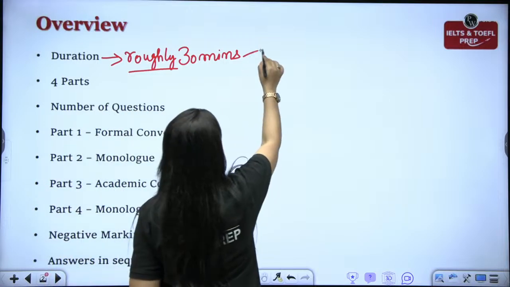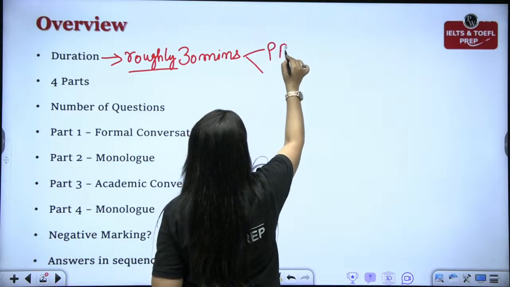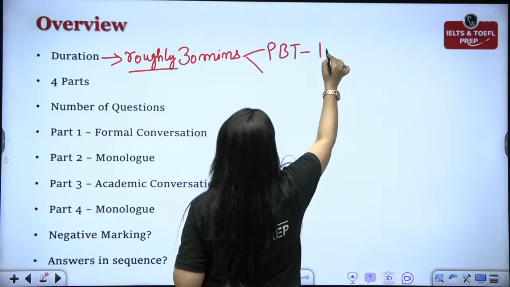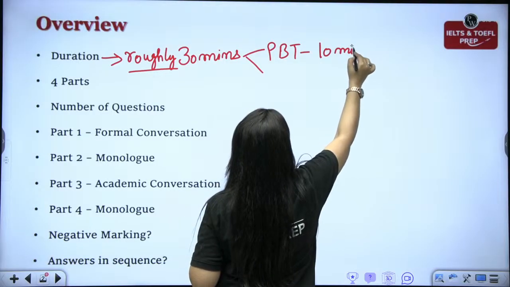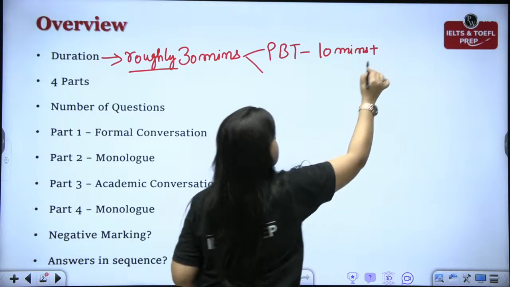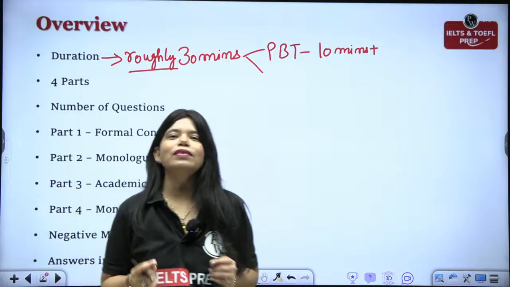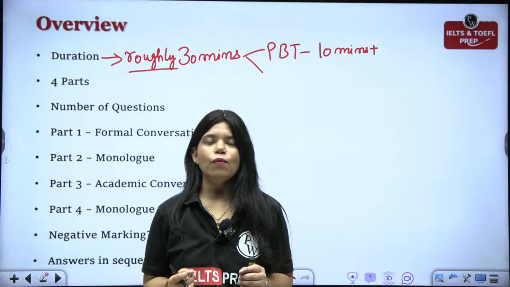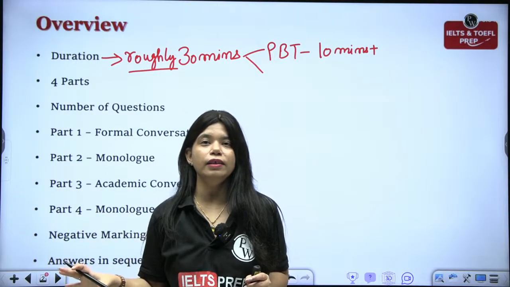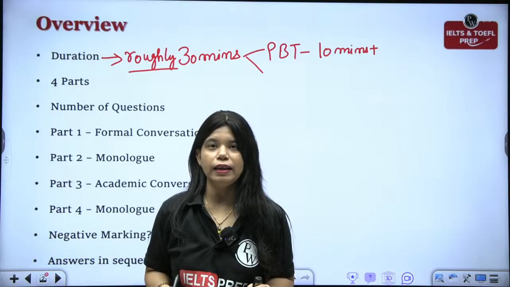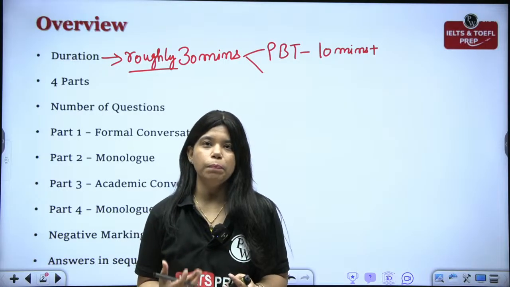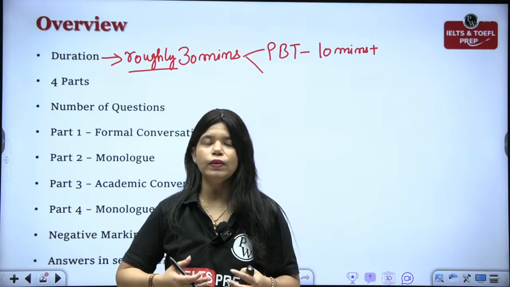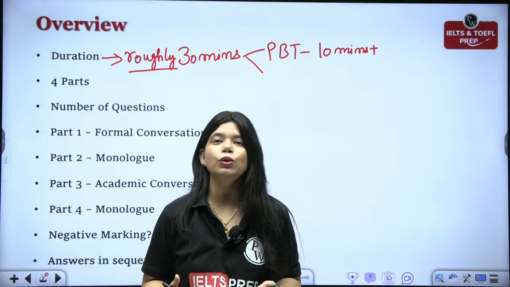Now, if you are somebody who has booked paper-based test, then after 30 minutes, you get 10 minutes extra. Now, why do you get these 10 minutes extra? This is your transfer time, for whatever answers you had written while the audio was being played. See, in the IELTS listening module, we have to do multitasking.